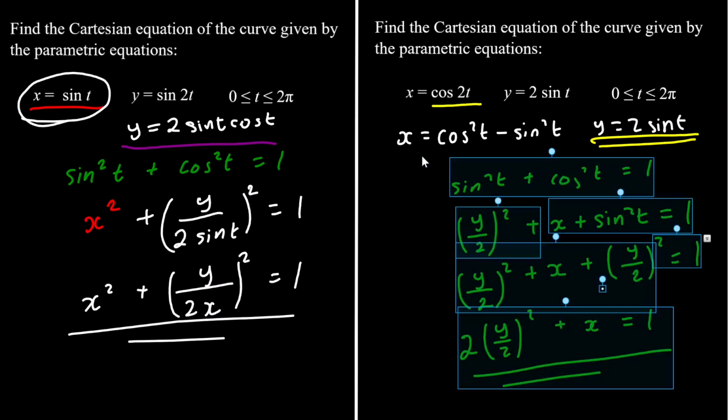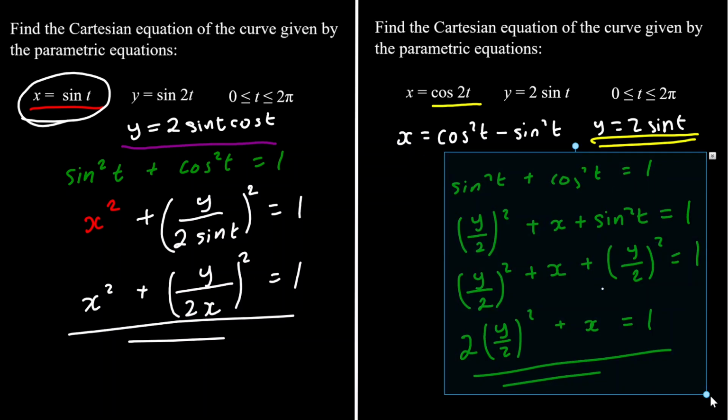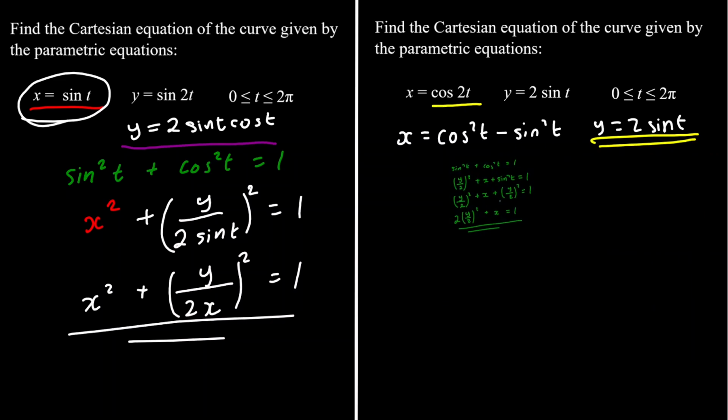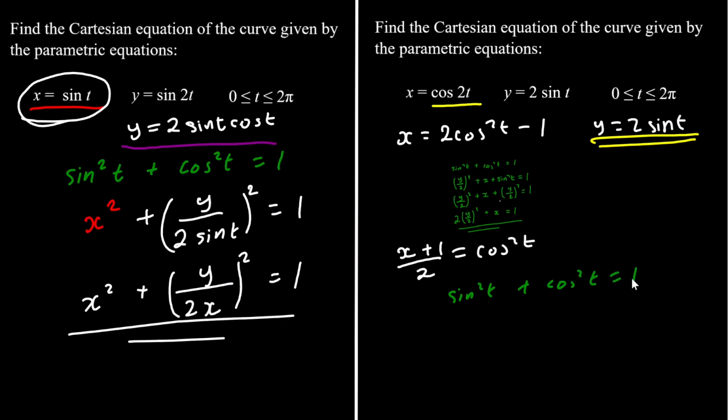If we had used a different identity, so if we had gone with, instead of cos squared t minus sine squared t, 2 cos squared t take away 1, we would have had x plus 1 over 2 equals cos squared t. Then substituted into our identity, sine squared t plus cos squared t equals 1.